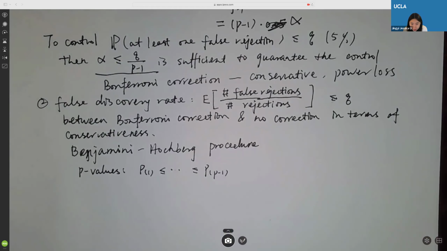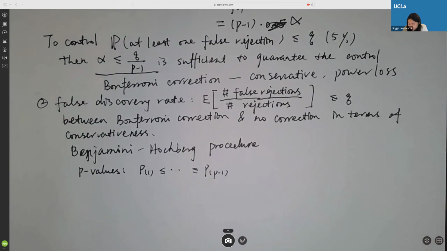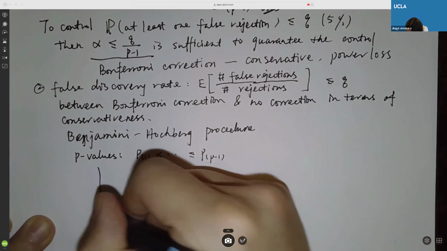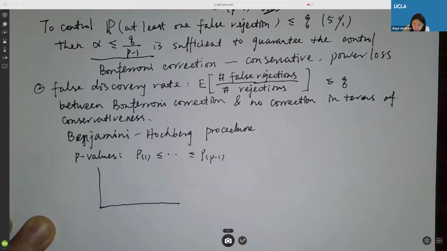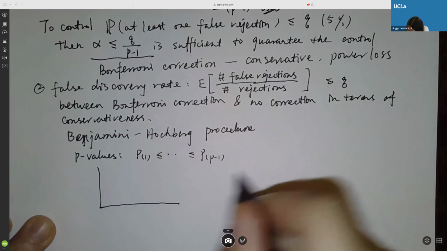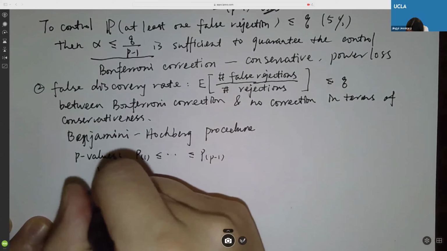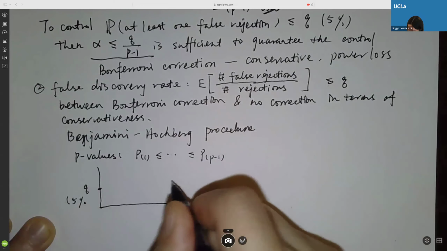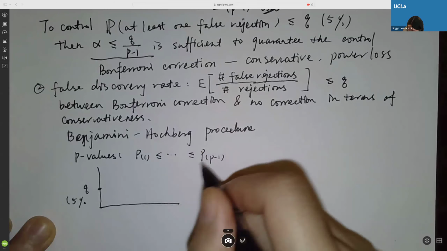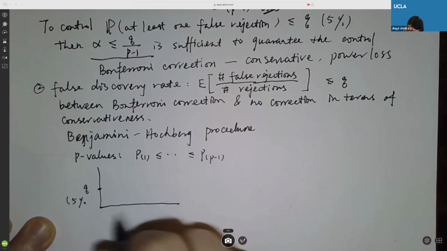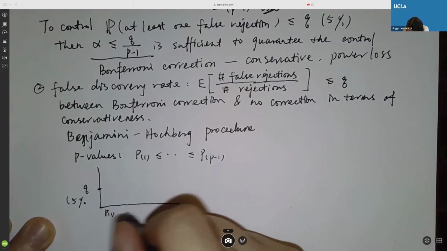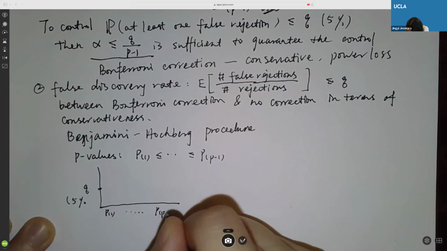If you use an illustration, it's pretty straightforward to see how the Benjamini-Hochberg procedure works. Say you have Q set here, say 5%, and you have the ordered p-values P1, P2, up to P minus 1.